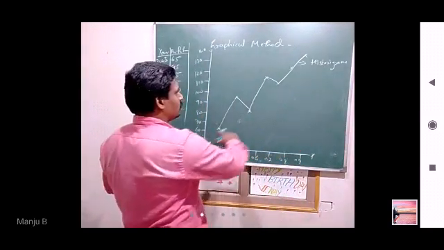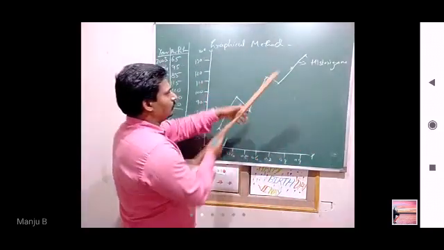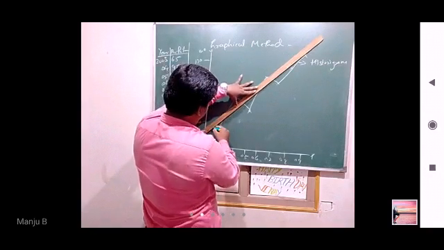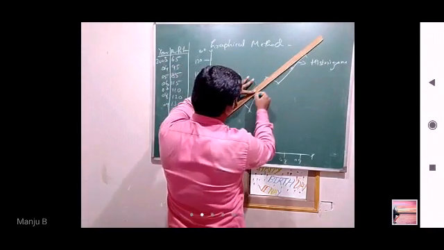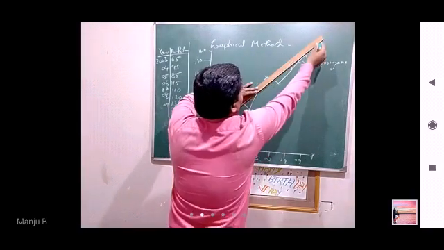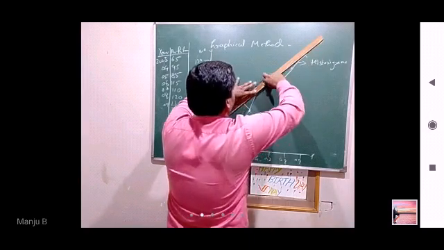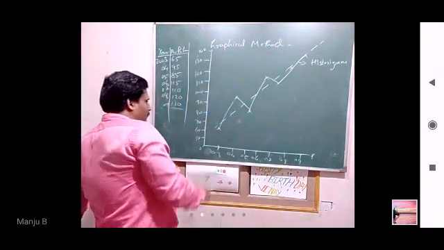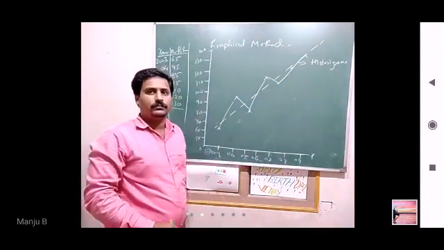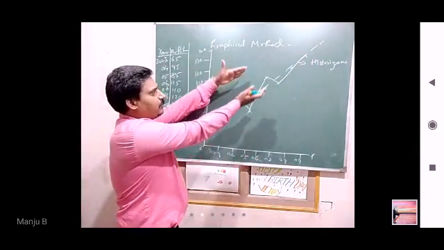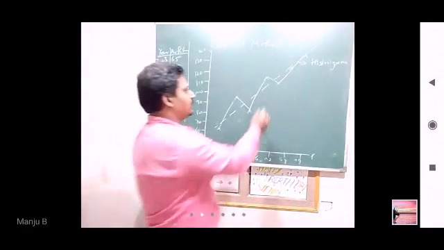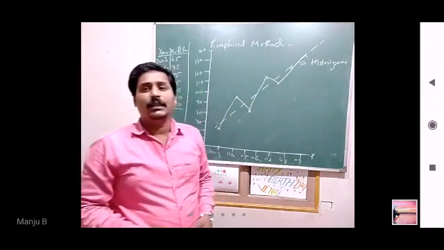Okay, this line, dashed. In between the points I have drawn a line, and this is called a trend line.